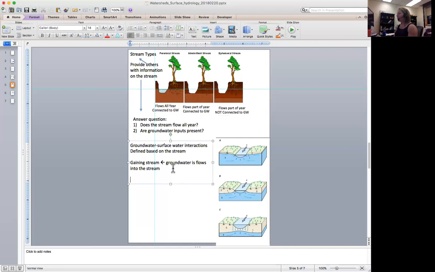We then can have a losing stream. And any stream can be losing. It doesn't have to be perennial or intermittent. So a losing stream just means that surface water flows toward the groundwater.